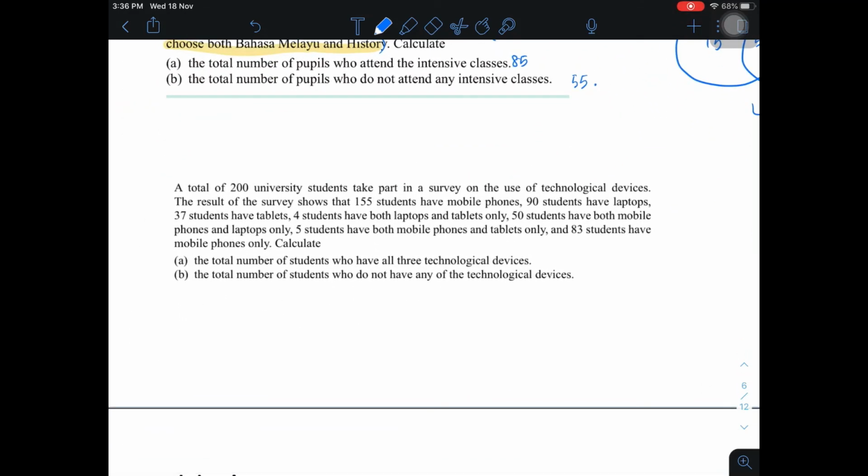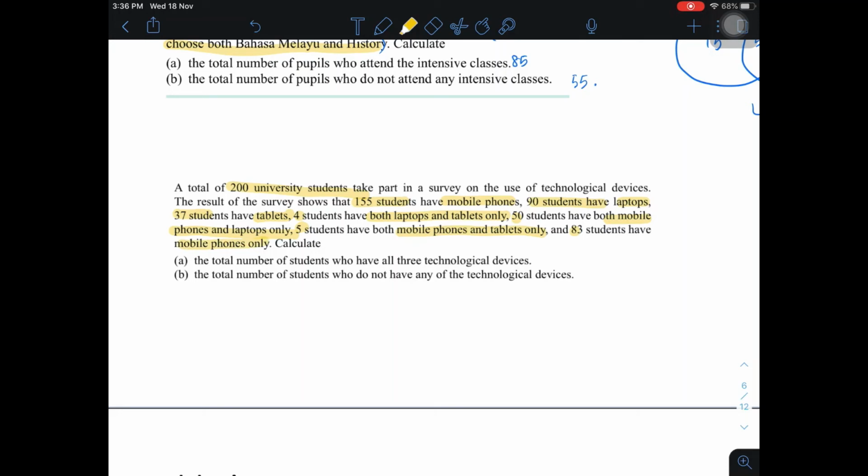So a total of 200 university students took part in a survey on the use of technological devices. The result of this survey shows that 155 students have mobile phones, 90 students have laptops, 37 have tablets, 4 both tablets and laptop only, 50 mobile phone and laptop only, 5 mobile phone and tablets only, 83 mobile phones only.